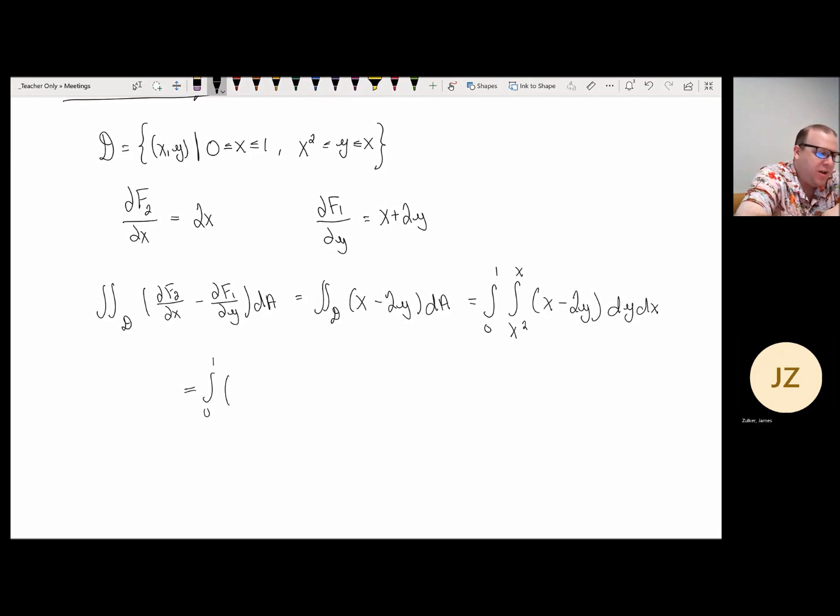Y evaluated from x squared to x would be x minus x squared, right? That's going to be times x. X squared minus x cubed. Then we get minus y squared from x to x squared. So minus x squared plus x to the fourth.